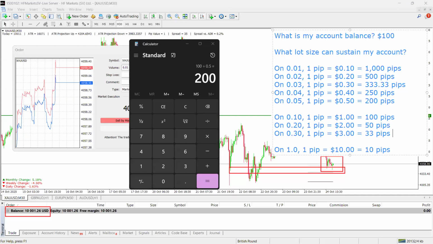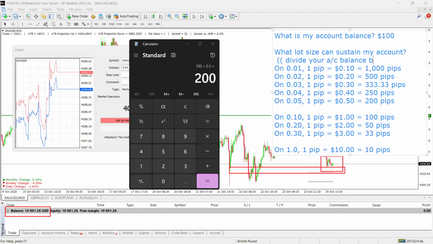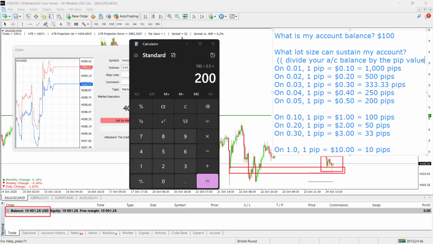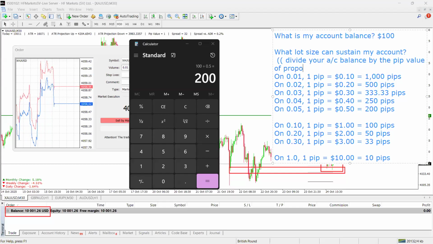You're dividing your account balance by the pip value of the proposed lot size, and you would be able to find multiple options.